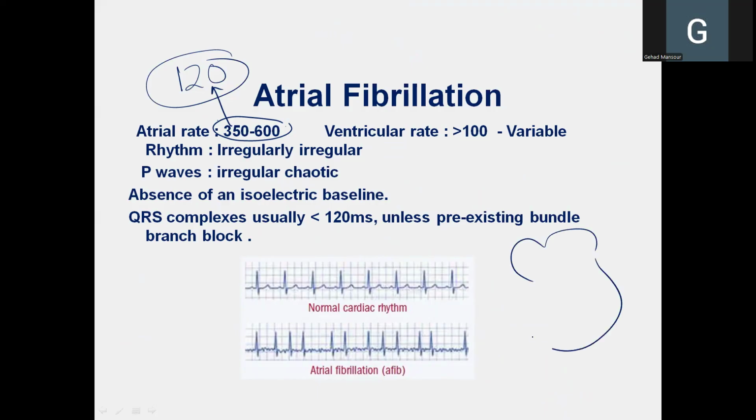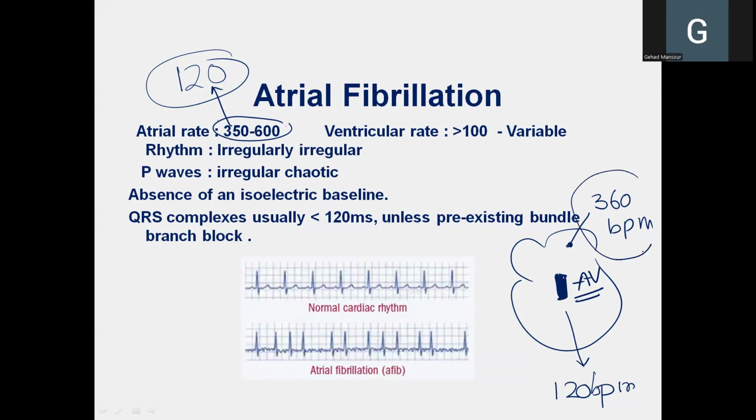So here, for example, the ectopic focus is beating at 360 beats per minute, but the ventricles, according to our calculations, beat at 120 beats per minute. So this is the job of the AV node that has been well done, which is to slow down the rate to protect the ventricles and to give them enough time to fill with blood and contract.